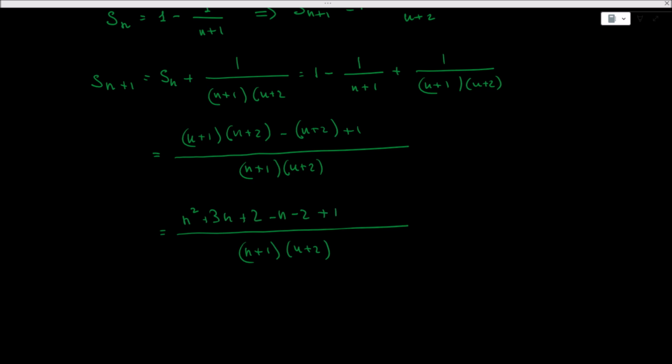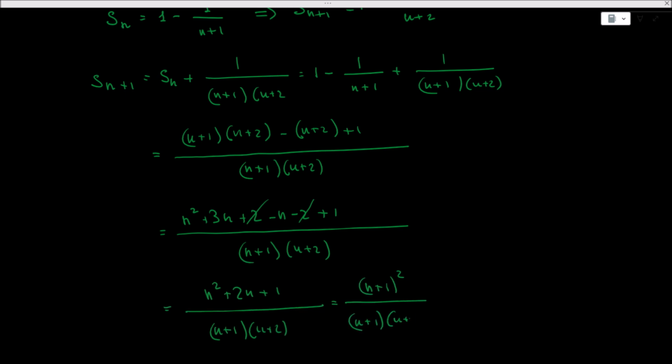And we see that, of course, we can simplify 2 and minus 2, and this becomes now n squared plus 2n plus 1 divided by n plus 1, n plus 2. But notice that the numerator is nothing else than n plus 1 squared divided by n plus 1, n plus 2.